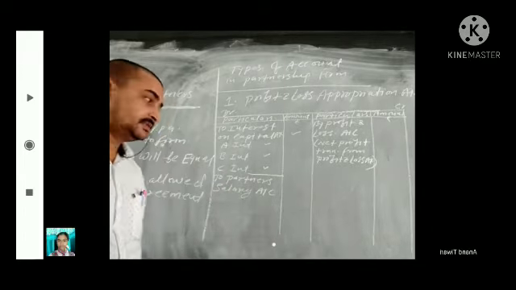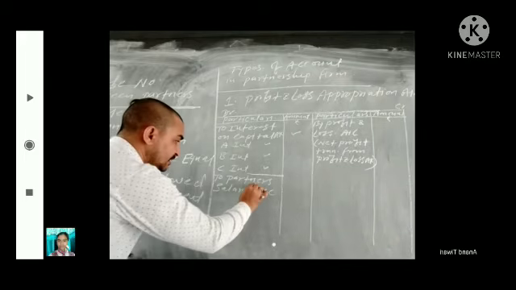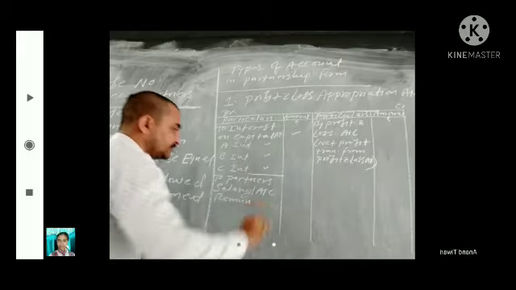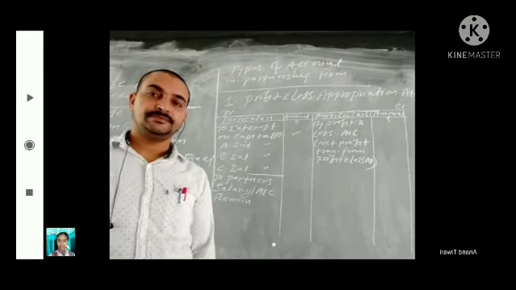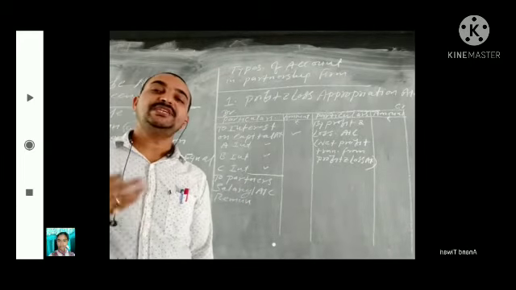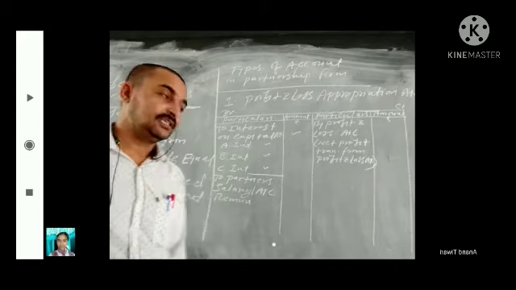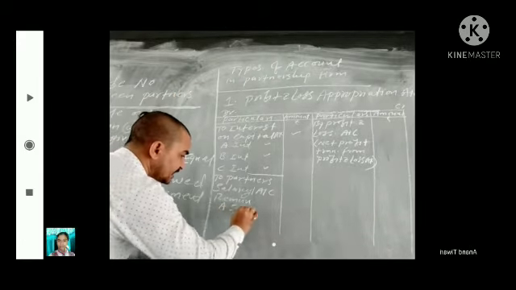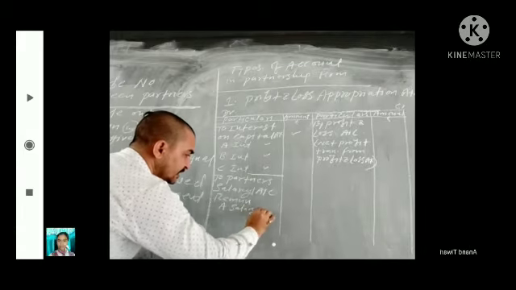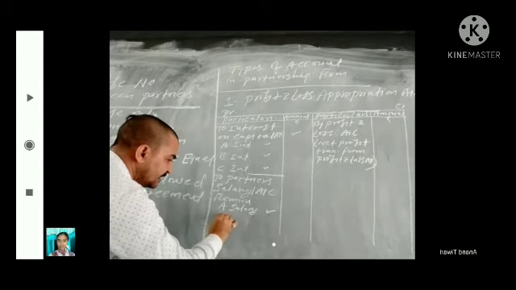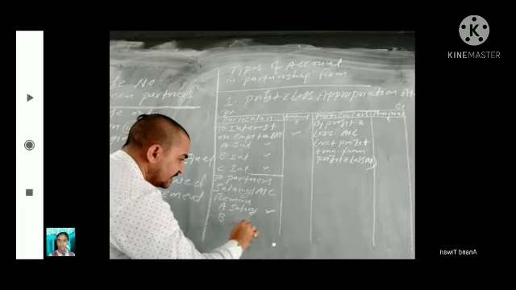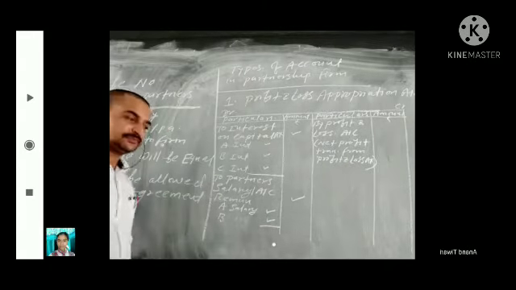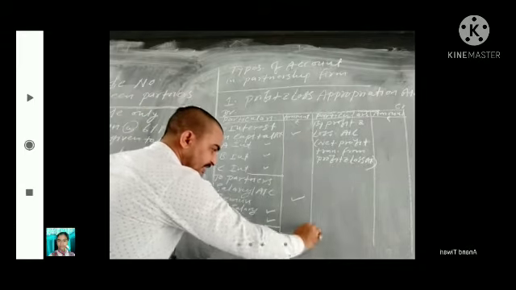Understood? And sometimes remuneration. On the debit side, suppose A and B got salary, so you show A's salary and B's salary, then add them. Is it clear to all of you?